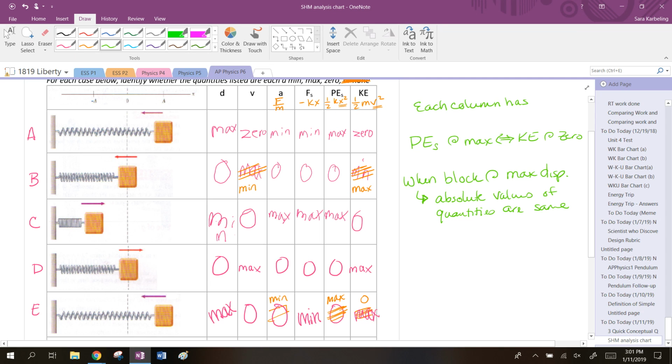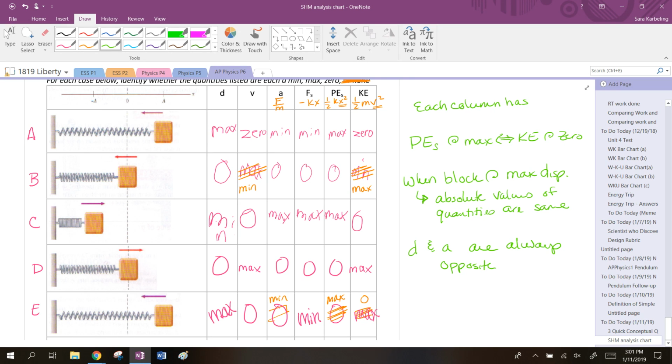Go, Harrison. Distance and acceleration are opposite each other. Distance and acceleration, or displacement and acceleration, are opposite? Yep. Awesome. And what do you mean by opposite? For every max the distance has, acceleration is a min. Okay. So kind of like we said with max and zero, but it's max and min every time.